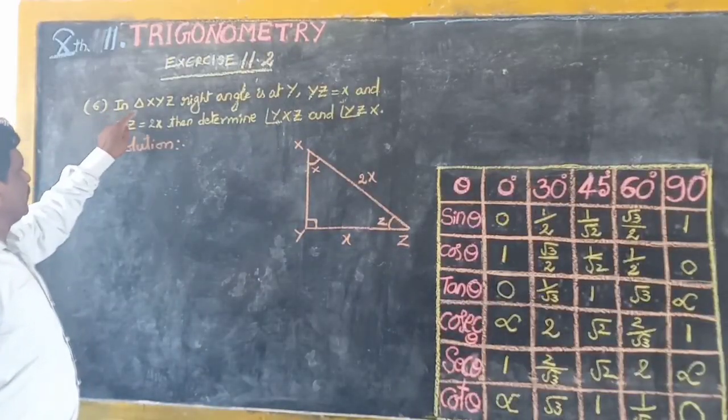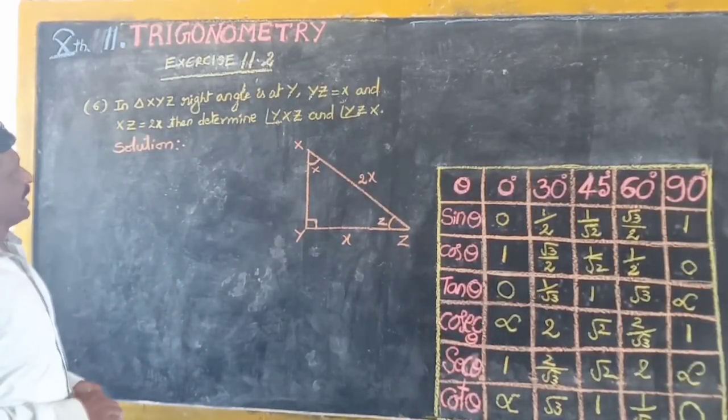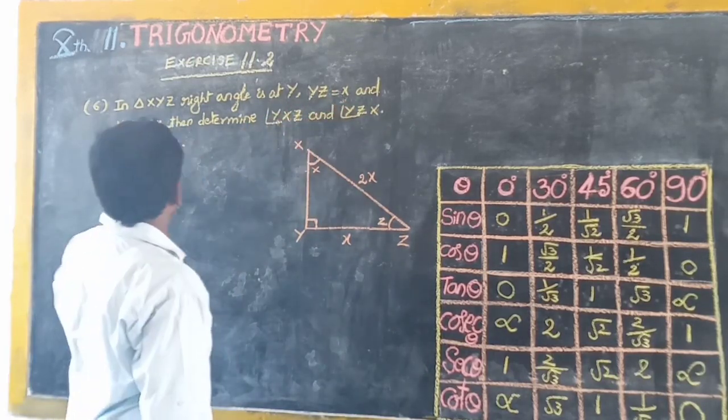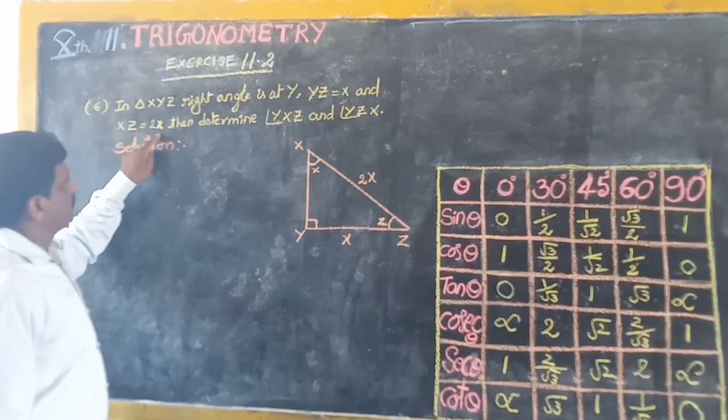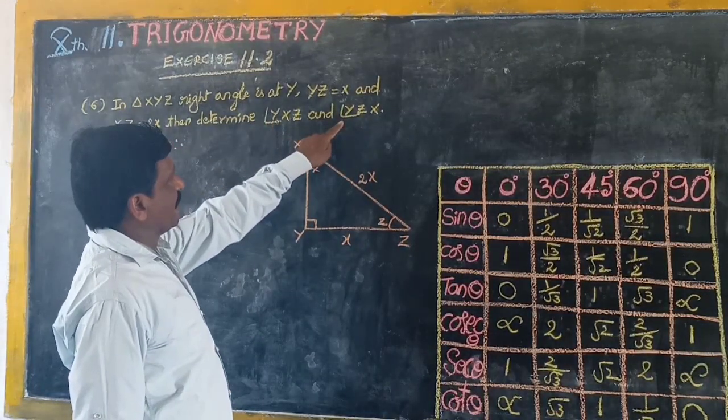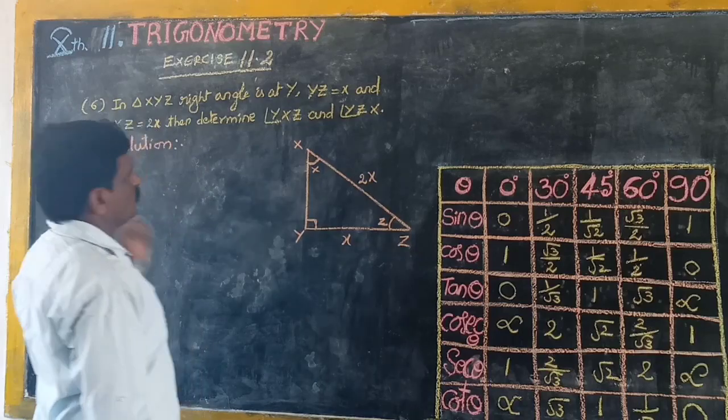In triangle XYZ, the right angle is at Y. YZ is equal to X and XZ is equal to 2X. Then determine angle YXZ and angle YZX. Solution.